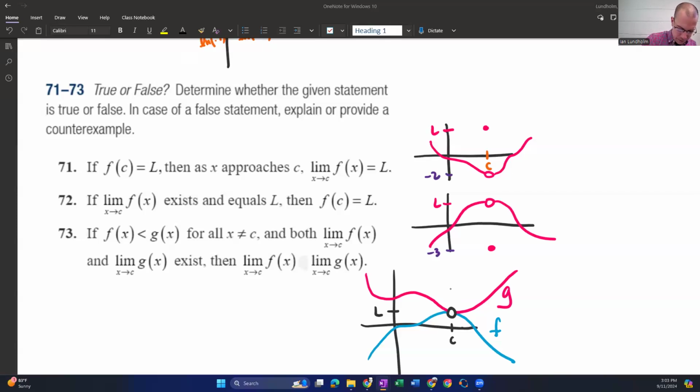There we go. We can say that these two can equal each other. Both of these limits would equal L in this kind of a scenario. So it seems like something that could be true, but if you carefully arrange things, you can get the same limit for both of those functions.